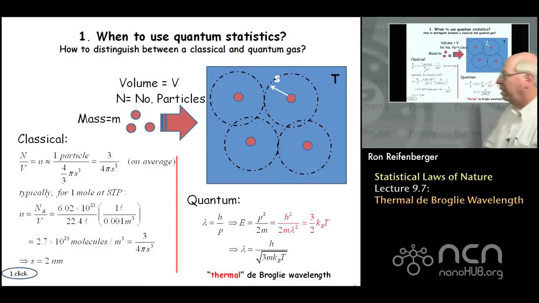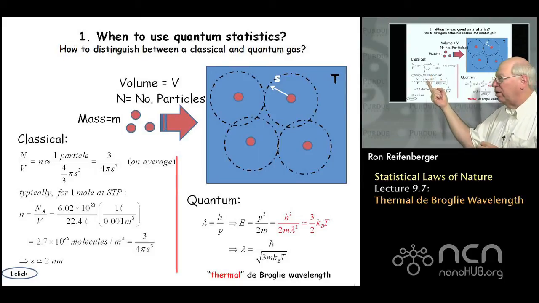Now, the key point is that we can estimate what this particle density is, because we know that, for instance, in a gas of classical gas atoms, we have 1 mole of particles, N_A, in 22.4 liters of gas.